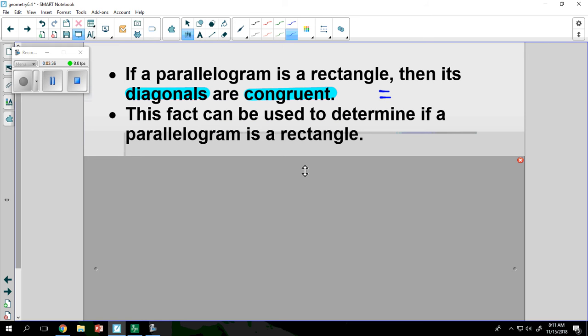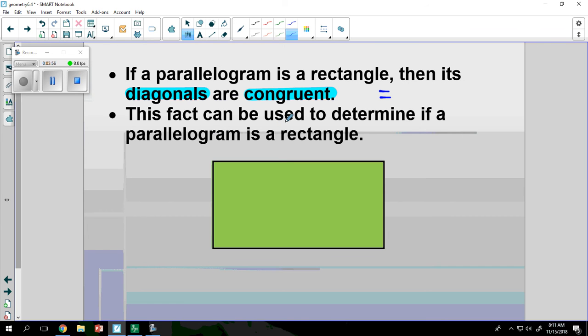This fact can be used to determine if a parallelogram is a rectangle as well. So on the assignment, if it asks you to use the distance formula to figure out if it's a rectangle or not, you would figure out how long each diagonal is, and if the lengths of the diagonals are equivalent, then it is a rectangle.